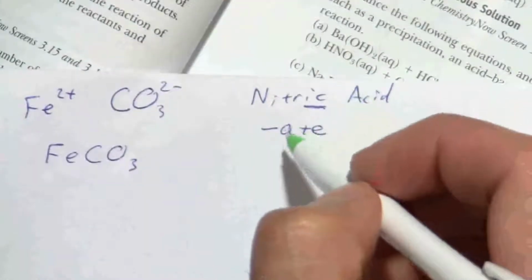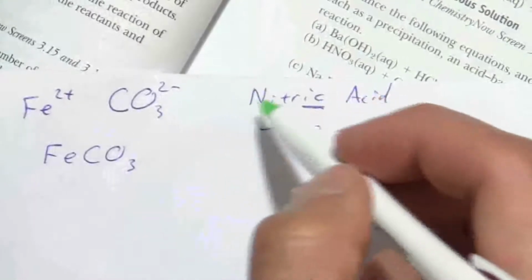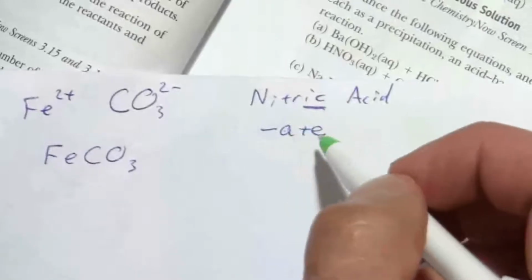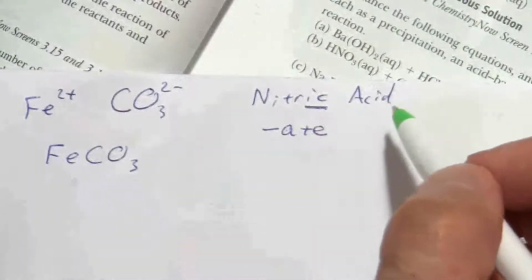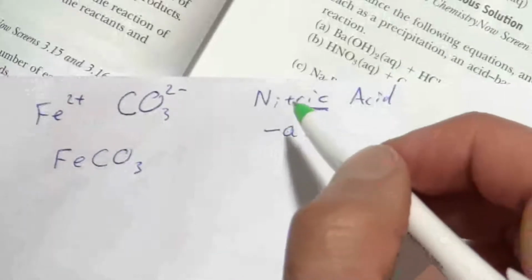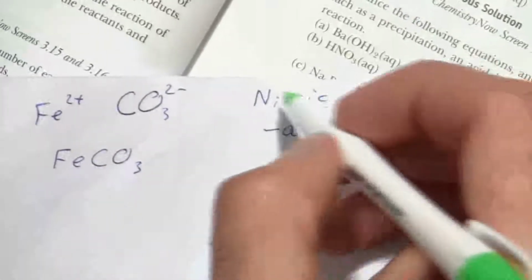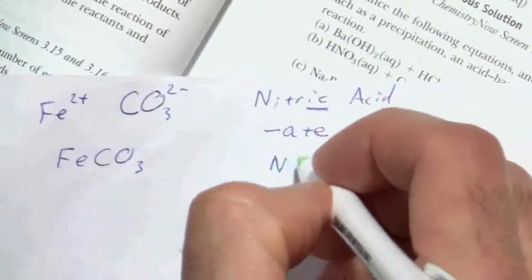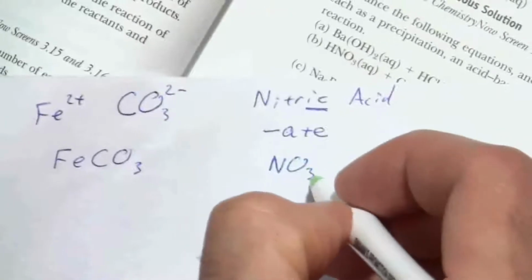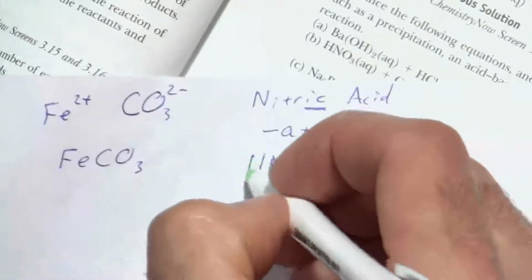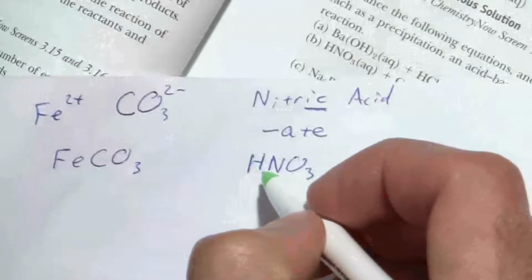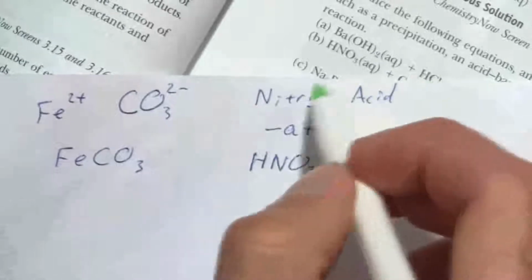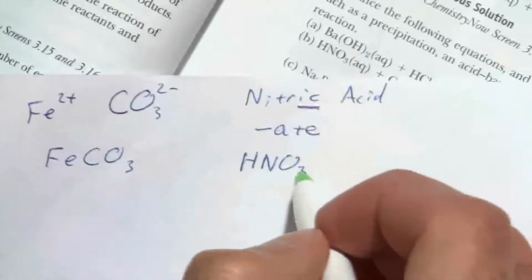If it's -ide, it is hydro-ic acid, and if it's -ite, then it would be -ous acid. But -ate, like nitrate, is the anion that forms nitric acid. Nitrate has a -1 charge, which means I need 1 hydrogen, which has a +1 charge, to balance it out. So nitric acid is HNO3.